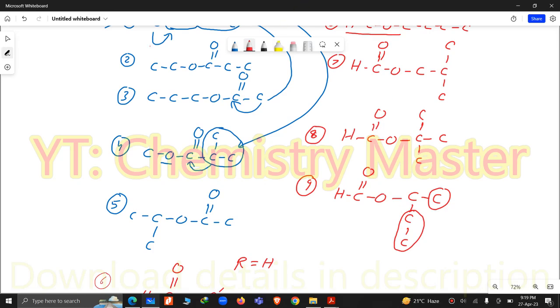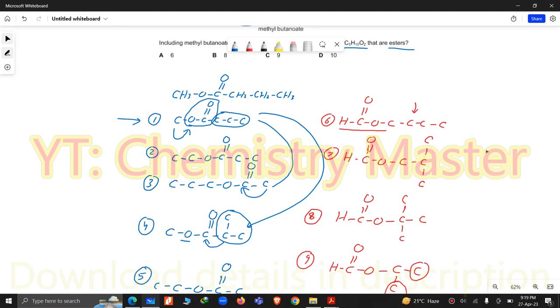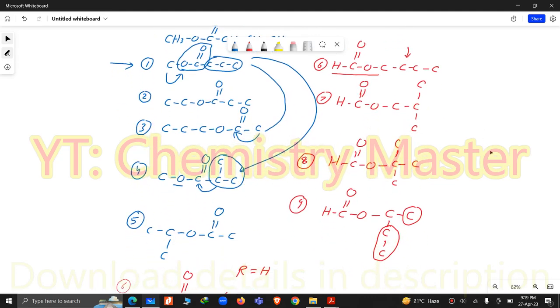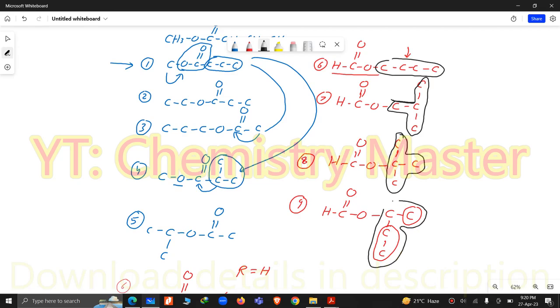You can see from these isomers that none of these structures resemble each other. All the isomers are different. I can show here, this is the straight chain, this branching like this, and then we have branching like this, and then we have branching like this.